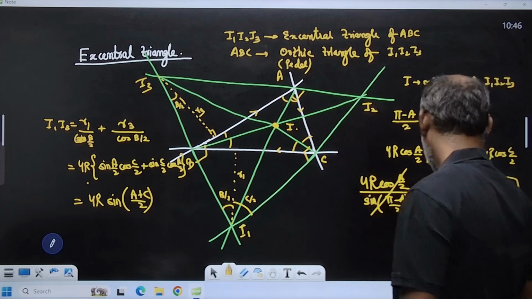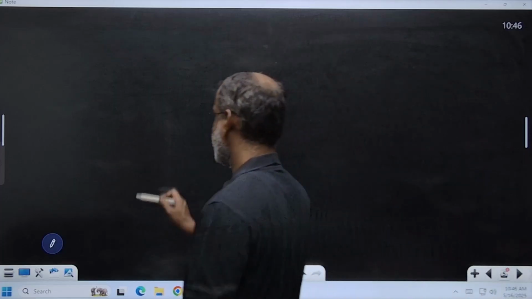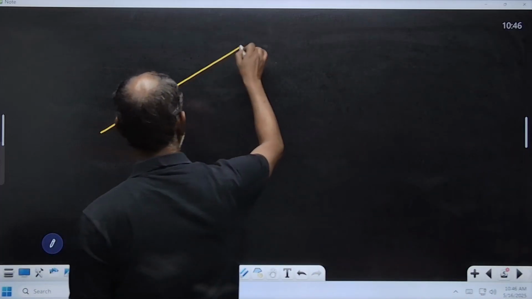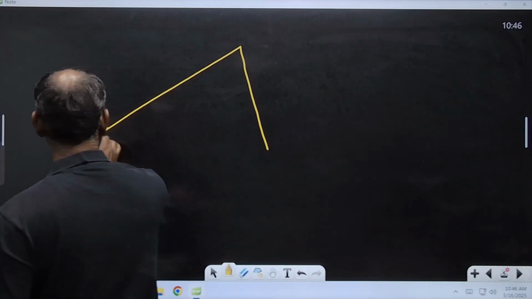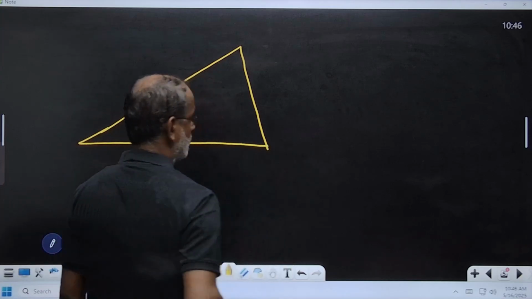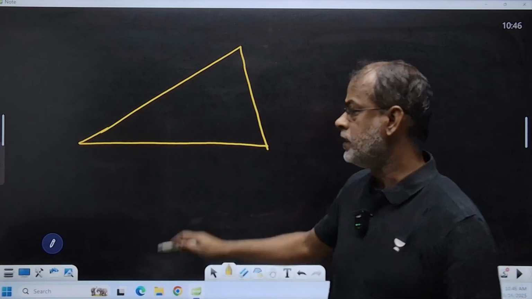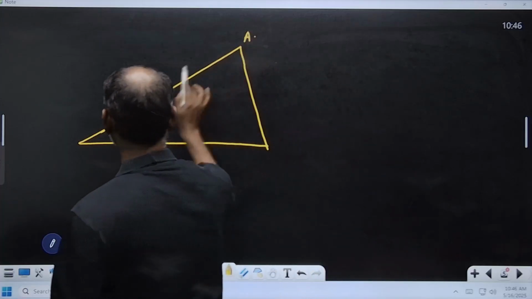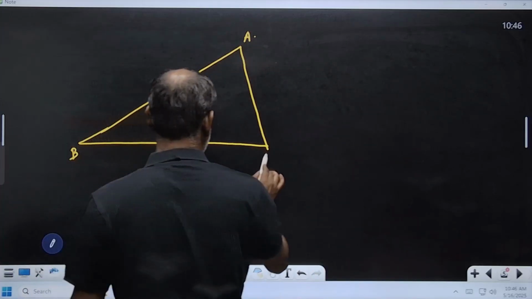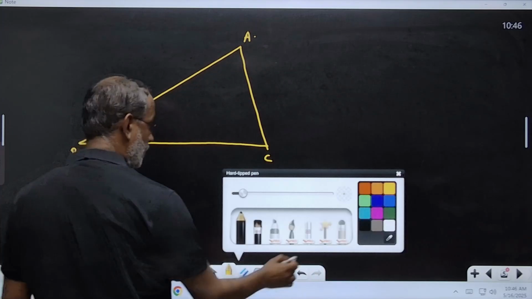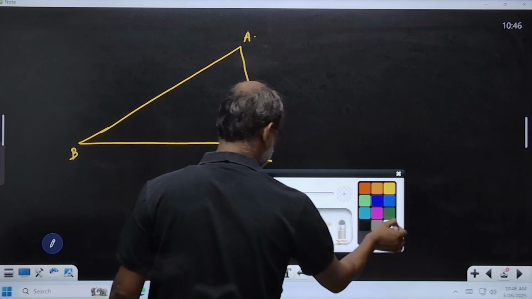Okay, see what I am trying to convey is that suppose you are given a triangle and you are being asked to find the points on this triangle, one on each side of this triangle, such that the perimeter of the new triangle that you form is least.